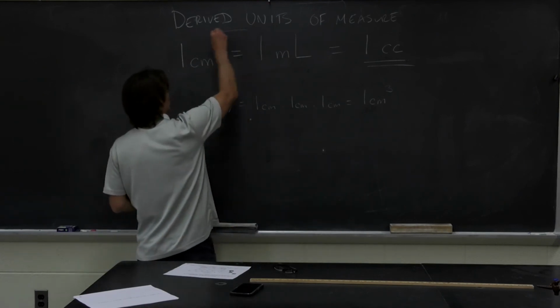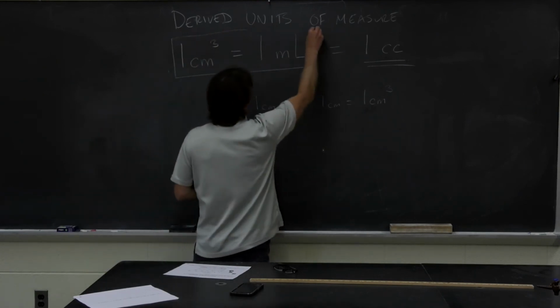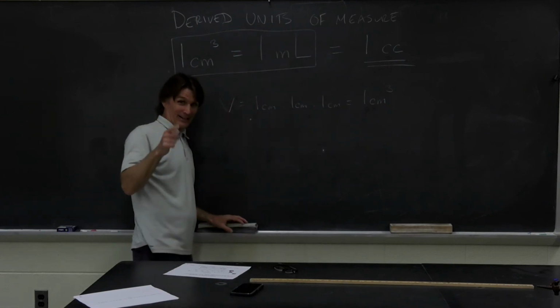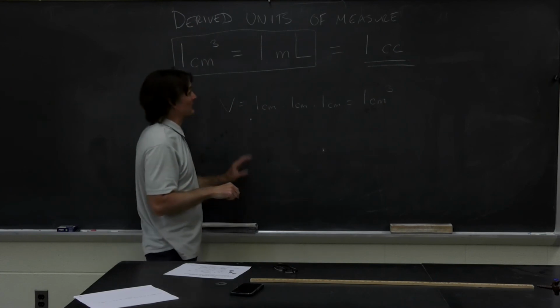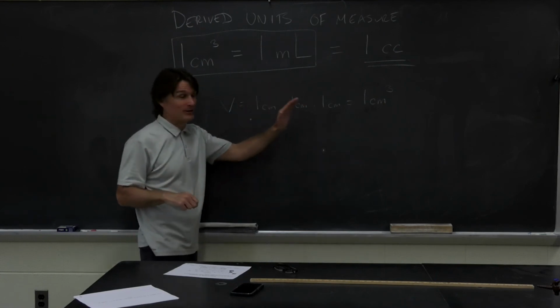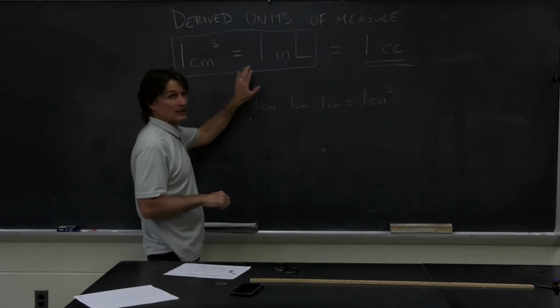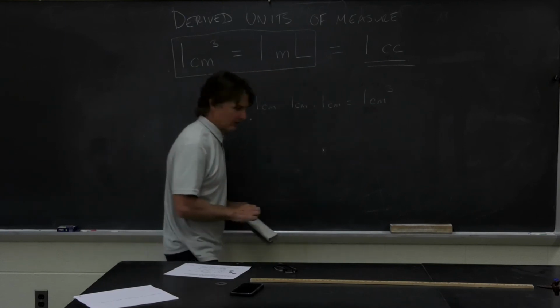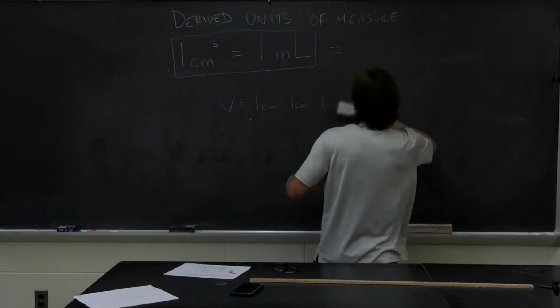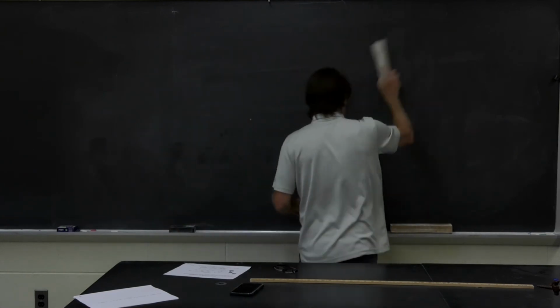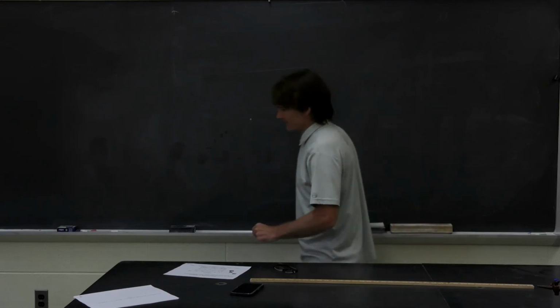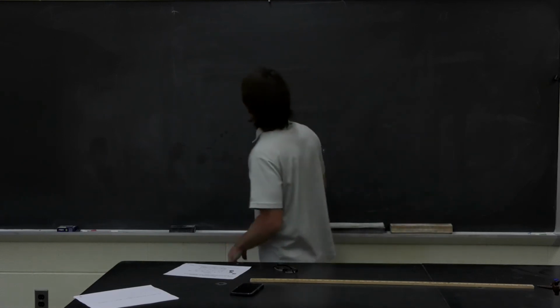This one's really important, and things get a little tricky with what I'm talking about right now. I'd like to take some time and go over this, because you can really get fooled when converting between volumes. Let me give you an example. Try not to get fooled on this problem.